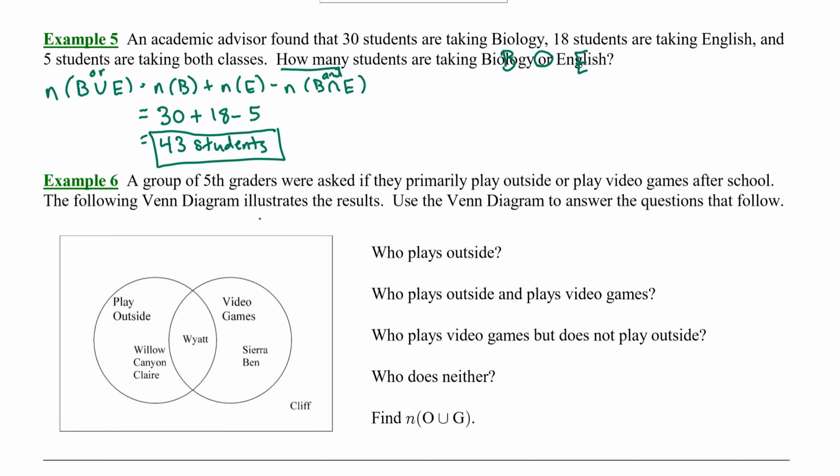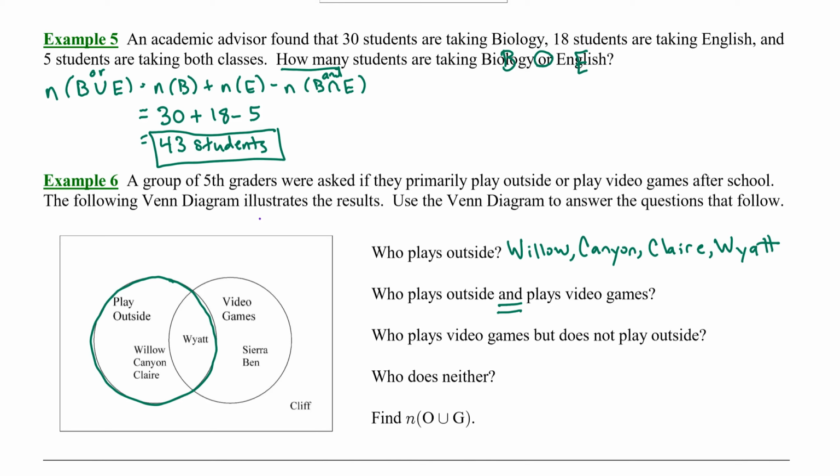Who plays outside? So I'm going to look at my plays outside circle, and I'm going to list all of the names inside that circle. So we can say Willow, Canyon, Claire, and Wyatt.